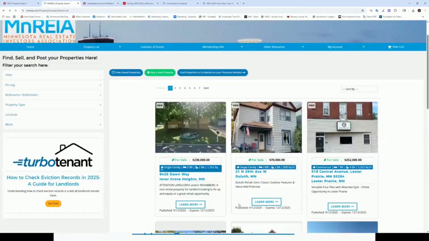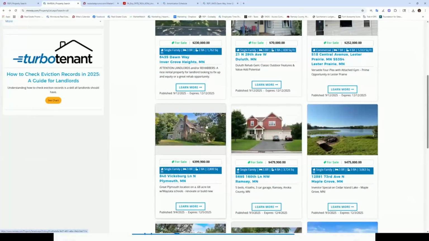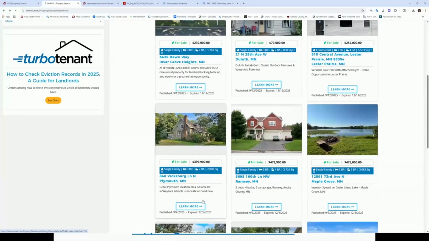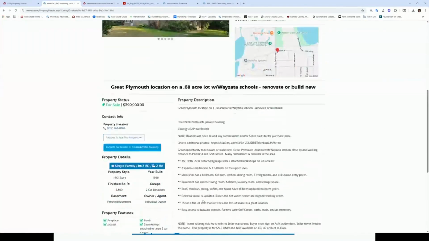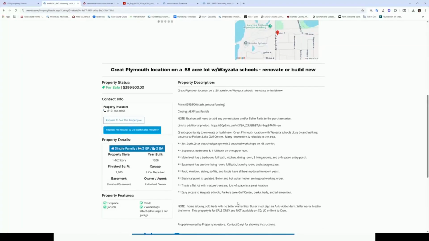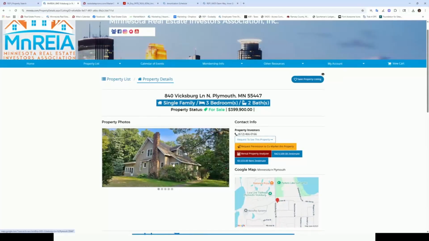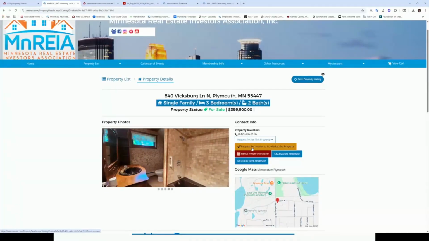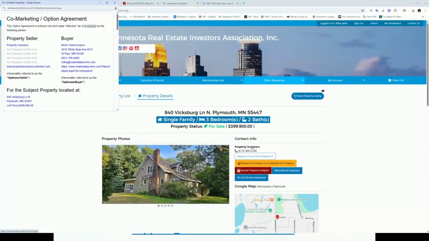That one's a rental property, so it's not even a co-marketable property. Okay, so this property here looks like a decent one. So I might want to co-market that. I'm going to request permission to co-market.